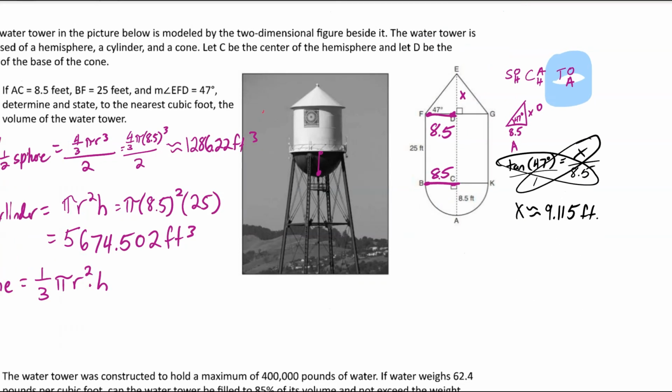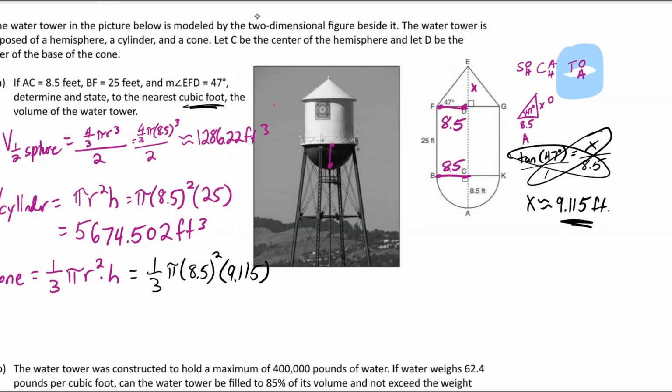So when I go to substitute into my formula, 1/3 pi r squared times the height, my radius is 8.5, that's what I'm squaring, and my height is that 9.115. Notice I gave myself 3 decimal places. I know I'm rounding to the nearest cubic foot, so I normally like to go out 3 decimal places more than what I would need. When I type that into my calculator, I get about 689.641 cubic feet.